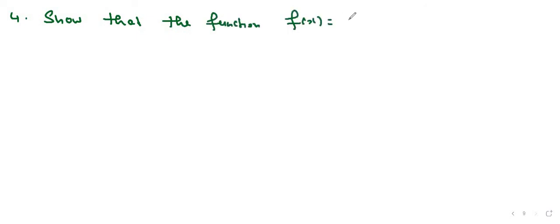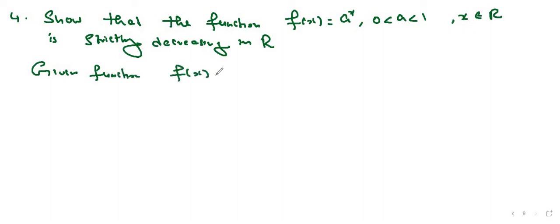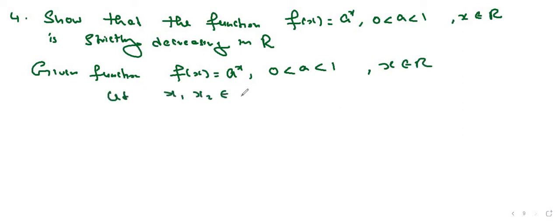Next problem, question number 4. Show that the function f of x is equal to a raised to x, with 0 less than a less than 1, that is a lies in between 0 and 1, and x is an element of capital R, is strictly decreasing in capital R. Now the given function is f of x is equal to a power x, and given that a is any number in between 0 and 1 and x is an element of R. Now let us take x1, x2 elements of its domain.